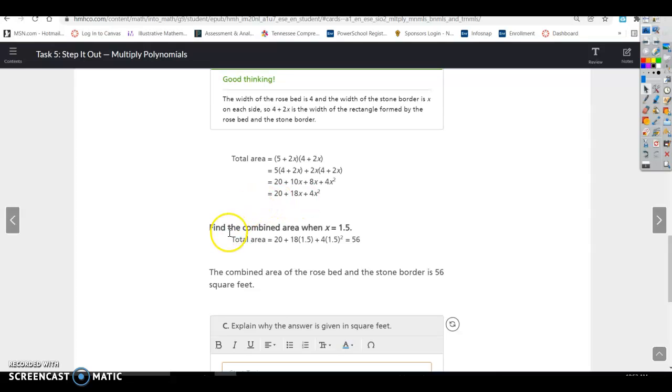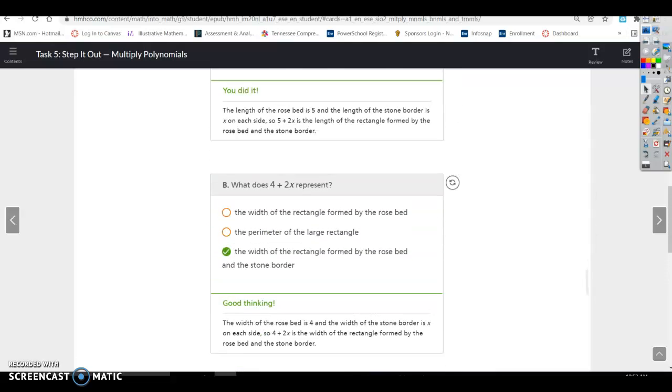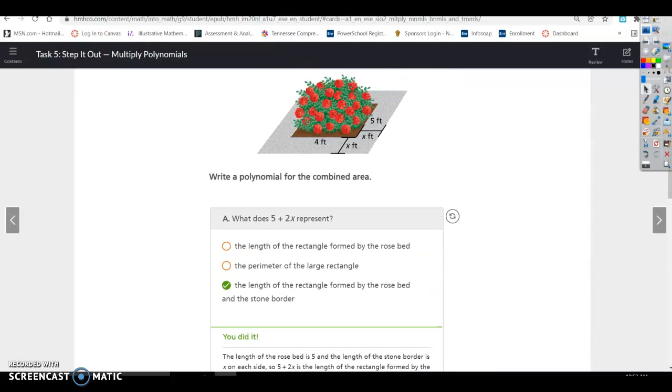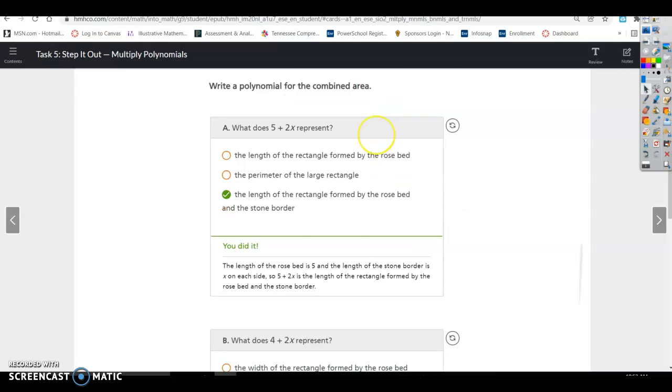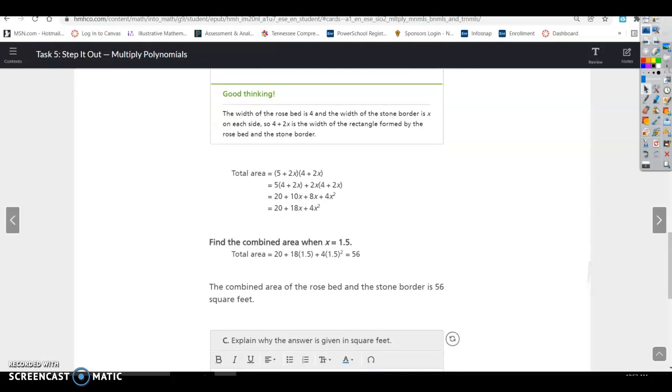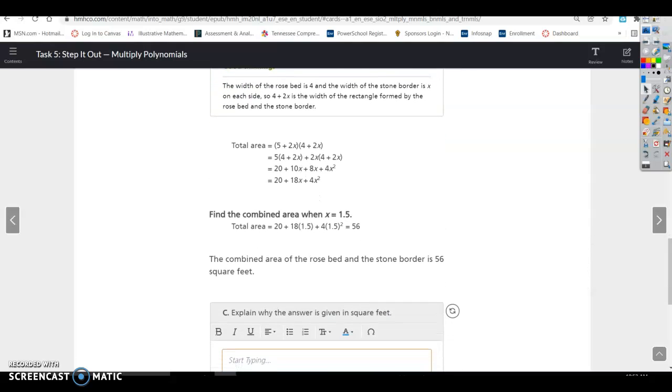All right, so it says find the combined area when x equals 1.5. We're going to assume that the stone border, that's your x, is 1.5. So all we have to do is substitute that for our x, here and here. Remember, you do exponents first, order of operations.